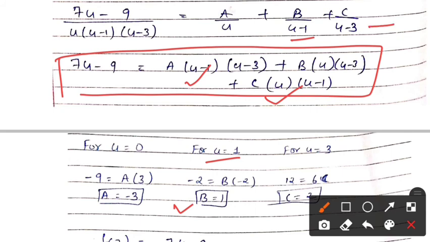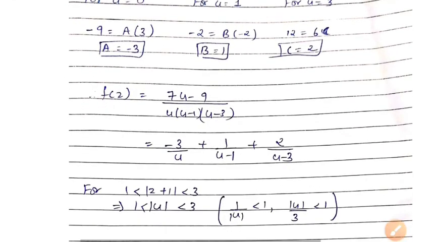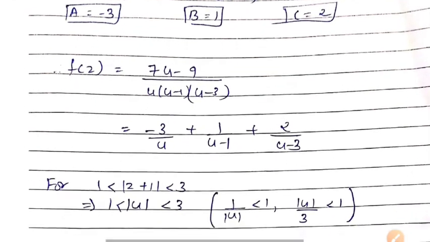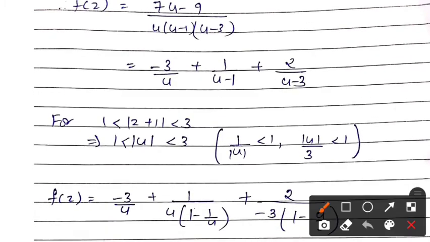Similarly, here I am having u minus 3, so my next value will be u equal to 3. For u equal to 3, a and b will be 0. You get here value of c as 2. Now I will put all these values in that constant equation, a, b and c. So I get here minus 3 upon u plus 1 upon u minus 1 plus 2 upon u minus 3.